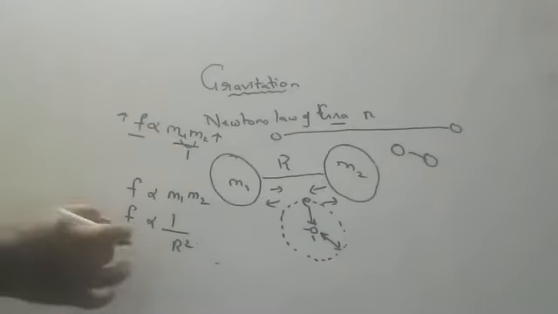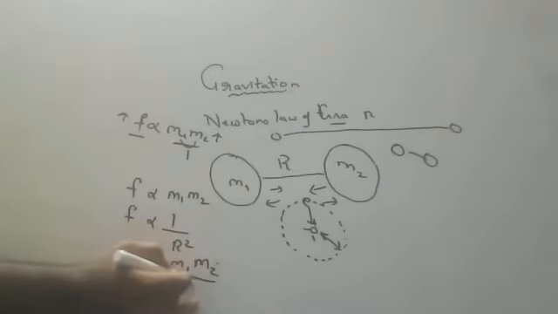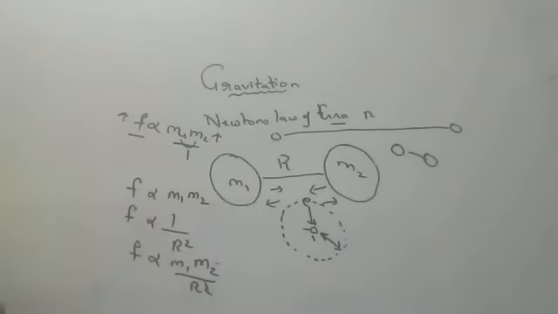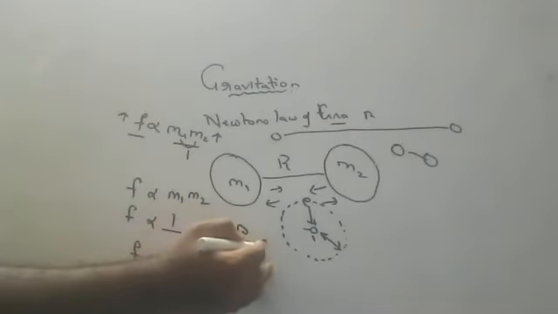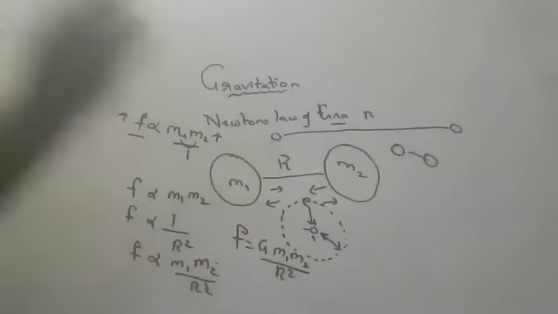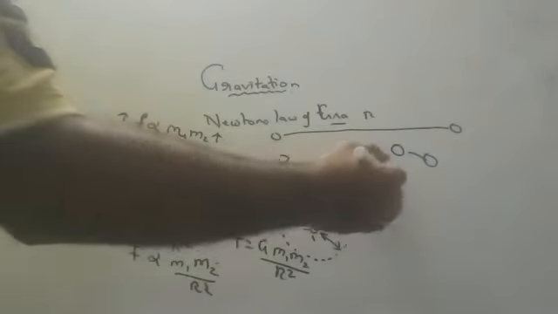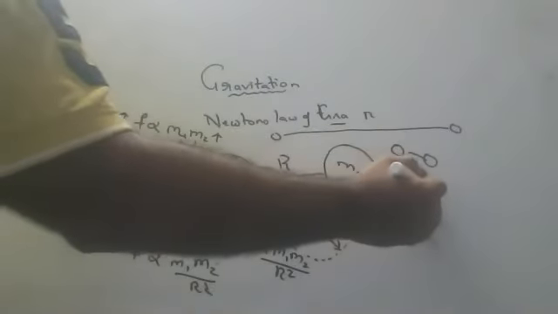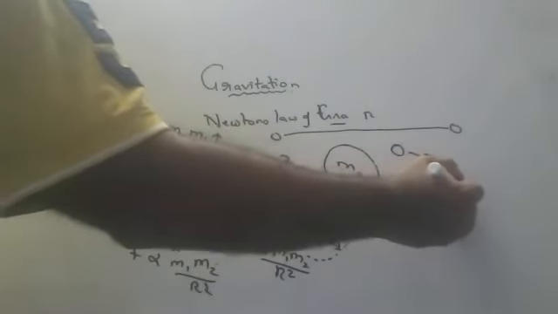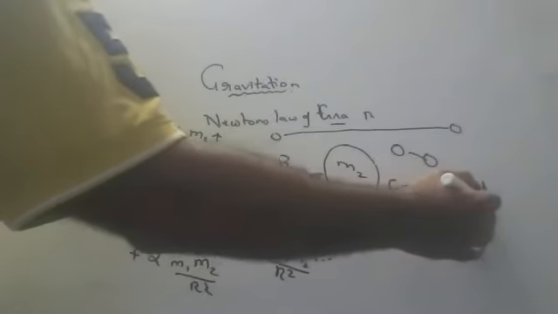Combining these two, what do you get? F is directly proportional to m1 m2 by r square. But we can't keep the proportionality constant, no children. So removing the proportionality, we get F equals G m1 m2 by r square, where G is called the universal gravitational constant.